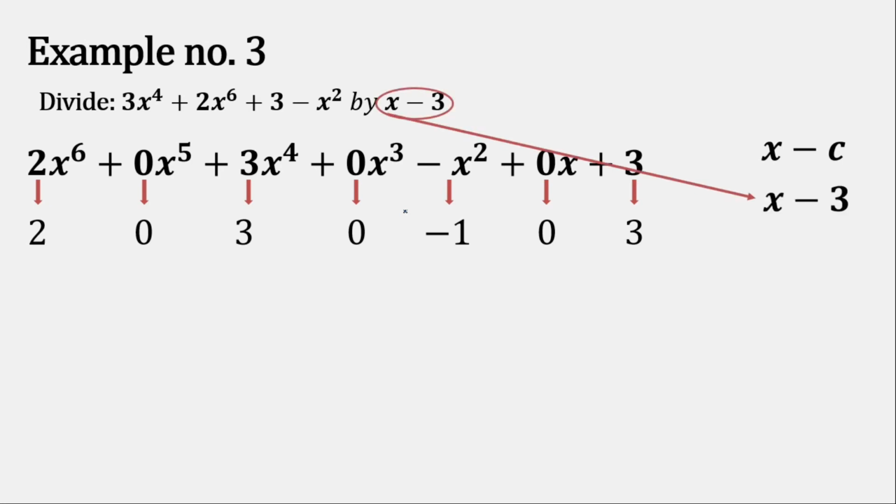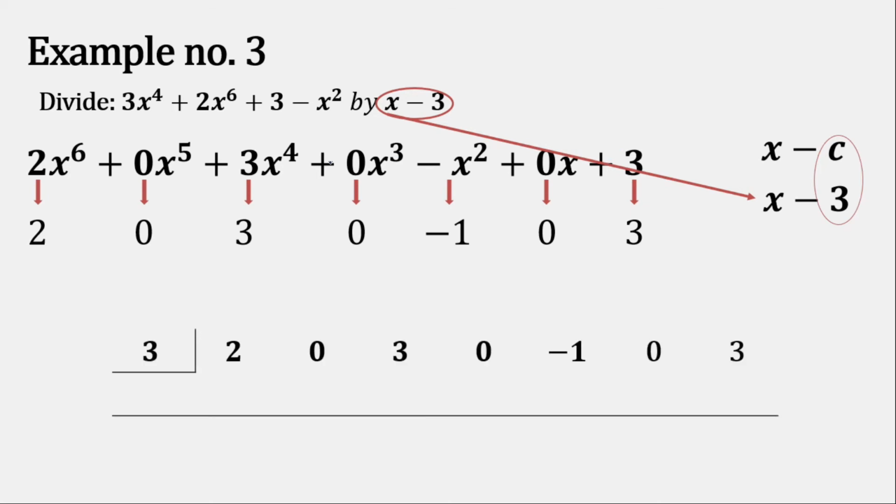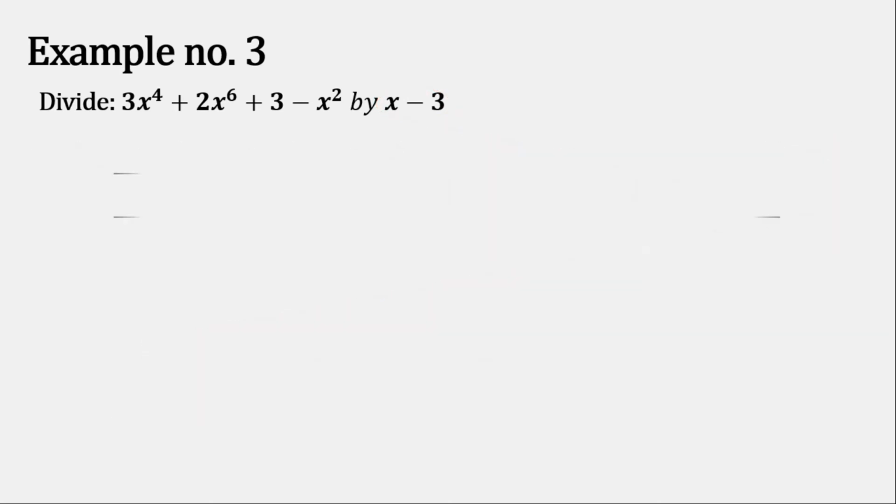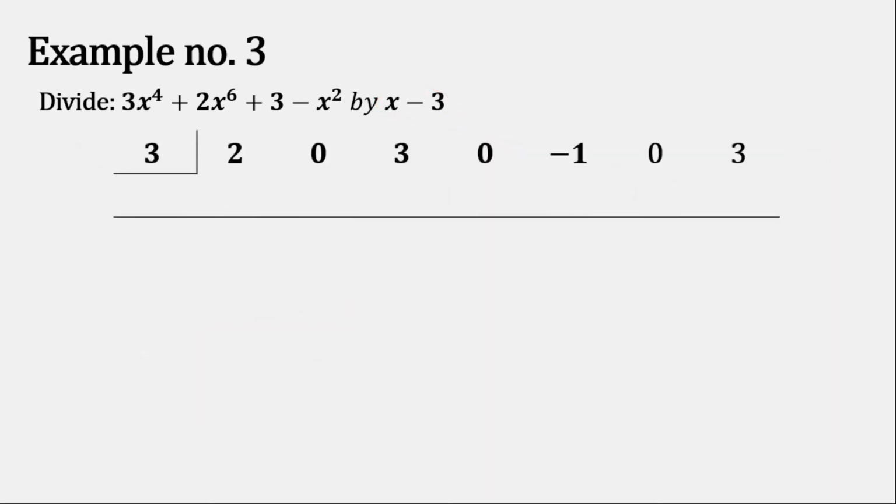So we know that our c is 3. Again, if you're confused here, just equate it into 0. So x is equal to 3. And that will be the value. Then let's put all our given in the table. Okay, all right. Now let's do the synthetic division.